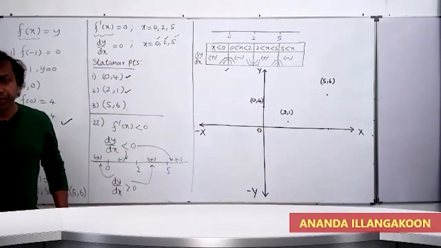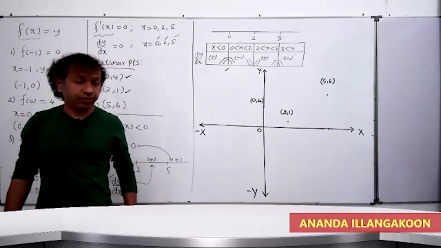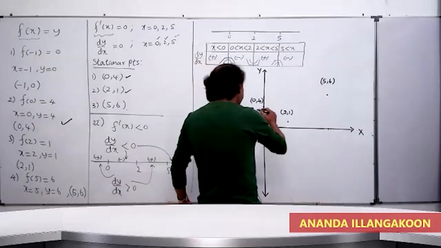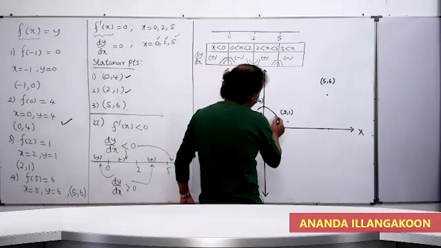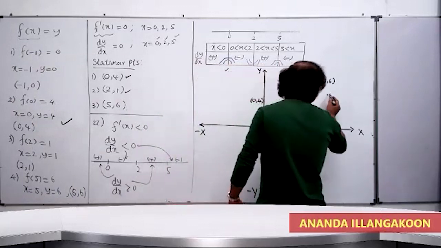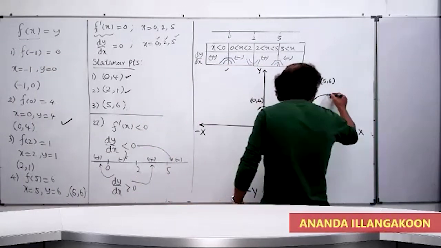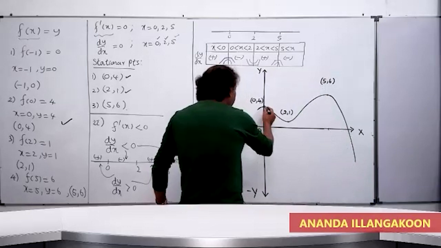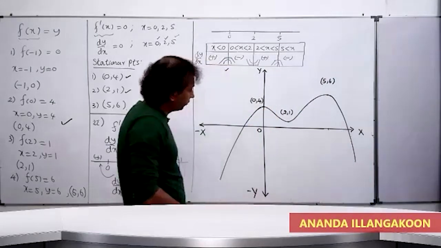In the graph, people, we know there are no horizontal and vertical asymptotes for this graph f(x). Only maximum and minimum. Then the graph should be like this. Here it is the maxima, minima, and a maxima like this. This way it goes.